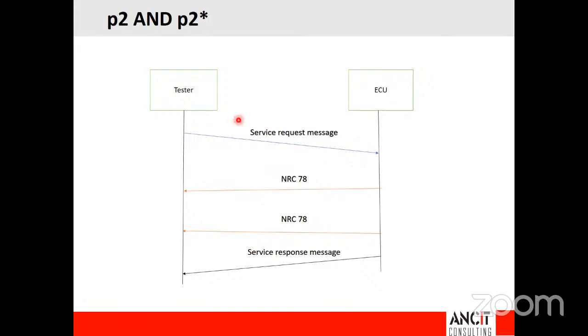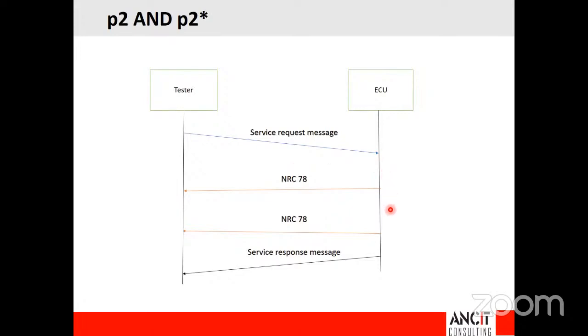If there is a service request message from the tester to the ECU, and within that P2 time it does not receive any response, it will send back an NRC, that is negative response code 78, denoting that there is no response. Then, if the P2 time is crossed, there will be additional timing added, that is P2 star.